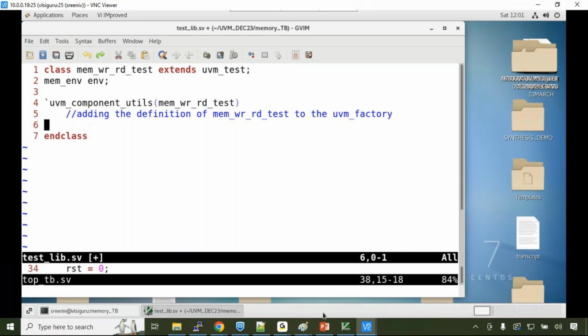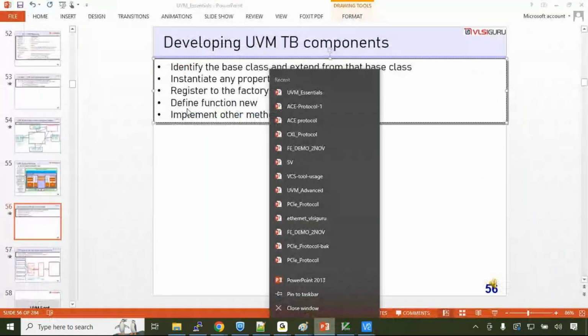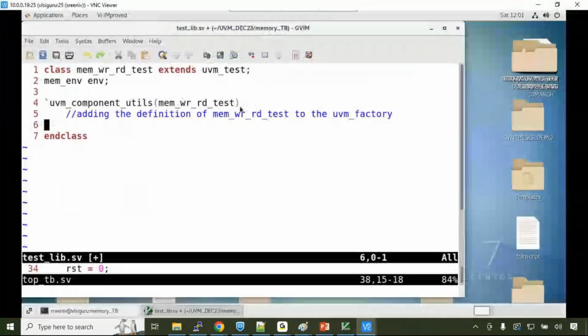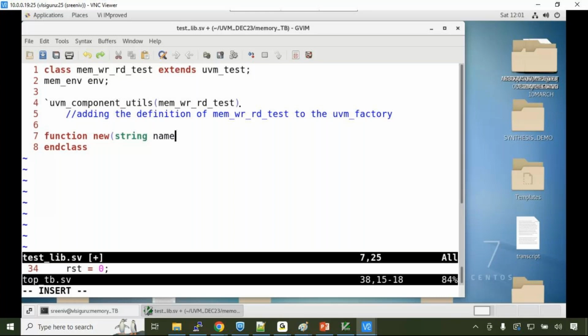Next is what? Define the function new, with string name and UVM component parent, and inside that function we have to call super.new with name comma parent.